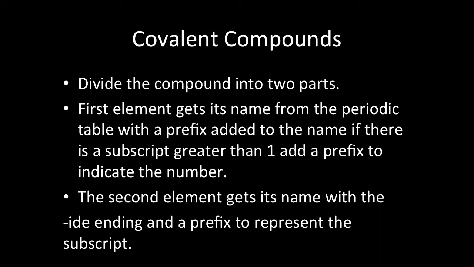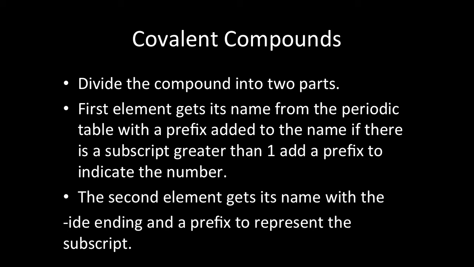Covalent compounds. How do I name them? First, just like I did with the ionic compounds, I'm going to divide the compound into its two parts. The first element in the formula is going to get its name from the periodic table. And I'm going to add a prefix to indicate the subscript number.